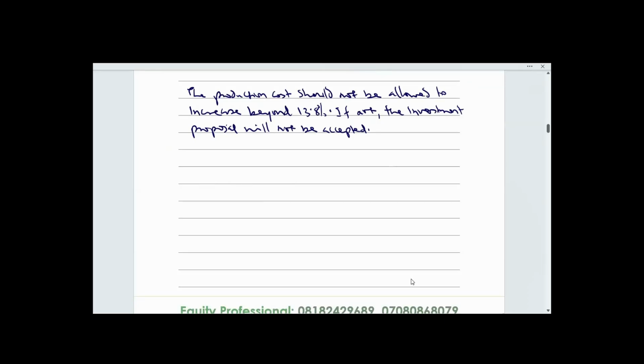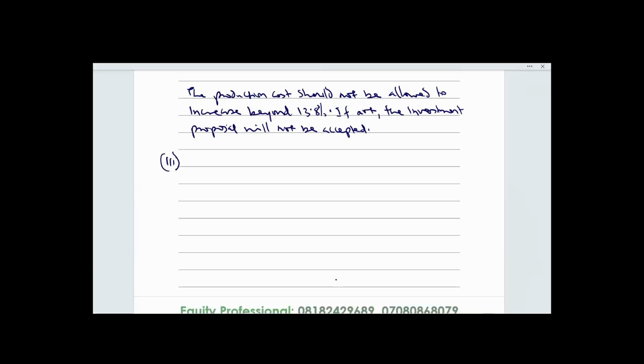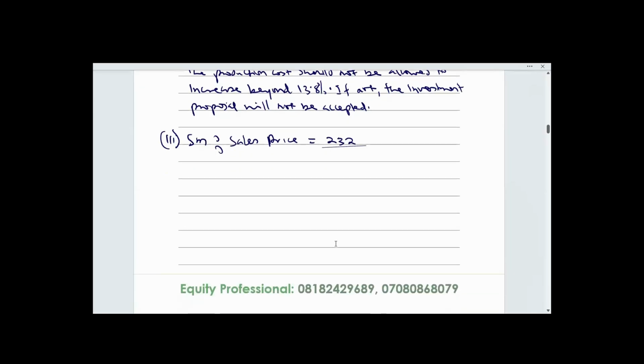Number 3 is sales price. Sensitivity margin of sales price will be equal to the NPV of 232 over the present value of sales price. We don't have the present value of sales price, therefore we need to work it out.